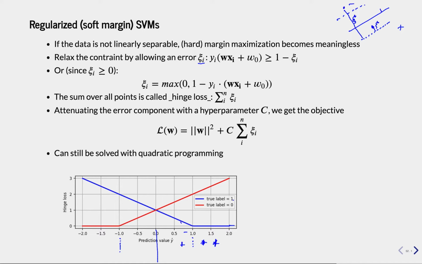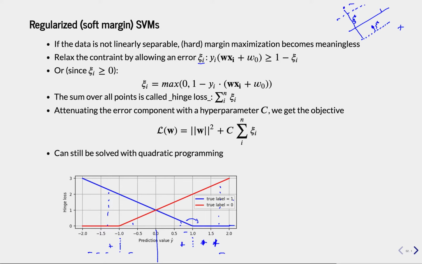If you are further on the wrong side, you will get a much larger error. Vice versa, if you have a negative point, you will get 0 penalty if you are on the right side of the margin, a little bit on the wrong side, and a lot if you are far on the wrong side. This loss function we call hinge loss, because it's like a door hinge, basically.